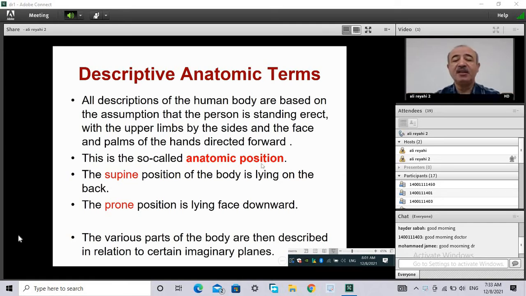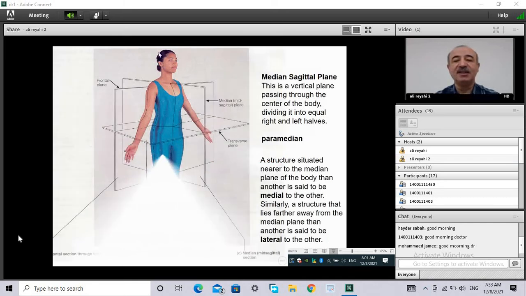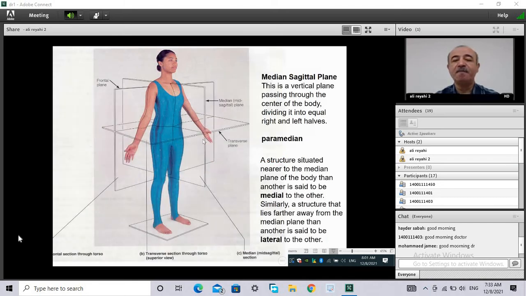If you remember, I described the anatomical position when you stand erect and your face and the palm of your hand are directed forward. This position, like this, I described in previous lectures.